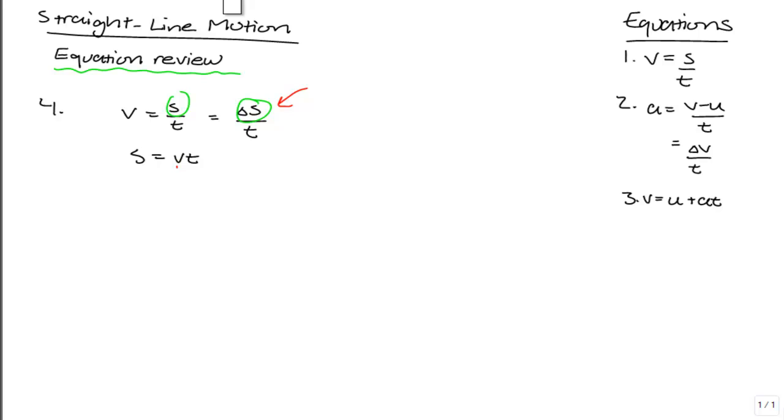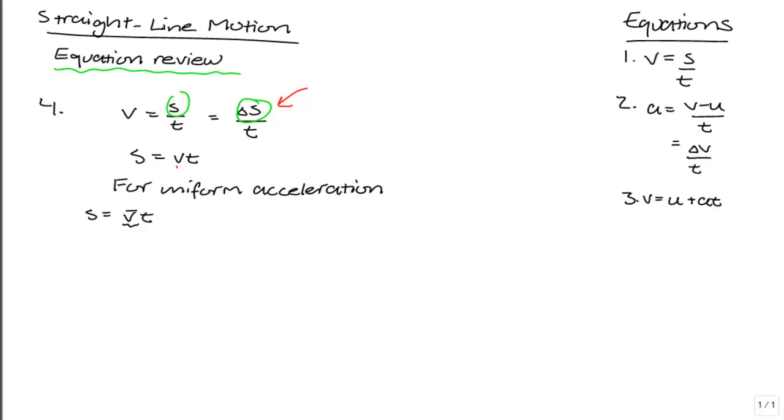So for uniform acceleration, in other words, acceleration that has a constant value, where the acceleration is a fixed amount, then s is equal to v bar times t. Symbol v bar represents the average velocity of the particle or object.